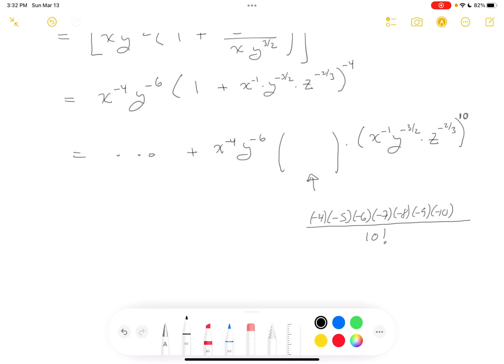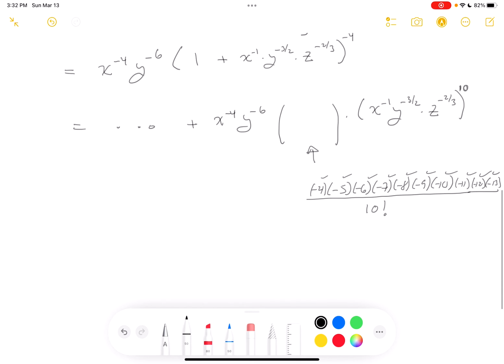Let's see, 1, 2, 3, 4, 5, 6, 7. 3 more to go. Minus 11, minus 12, minus 13. 1, 2, 3, 4, 5, 6, 7, 8, 9, 10. All right, I got to compute that now, right? So that's going to be a positive number, right? I'll put this over here. And let me kind of write it down for you.